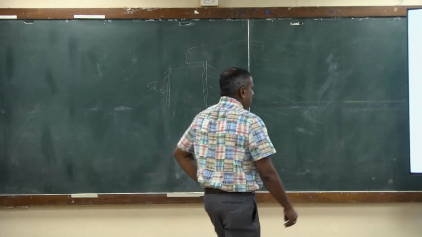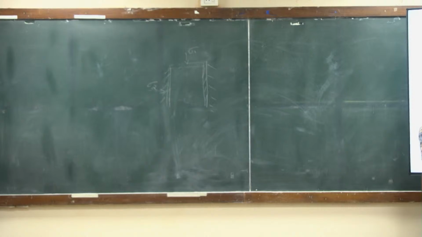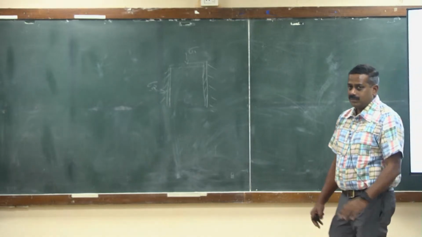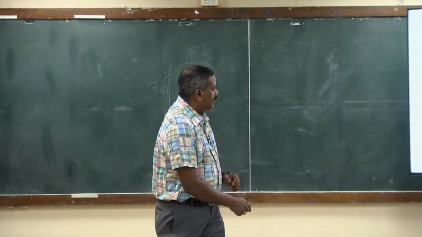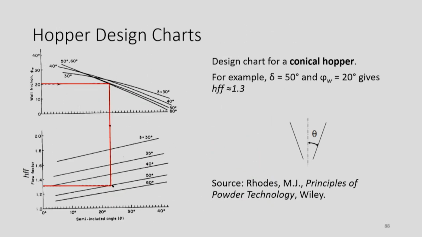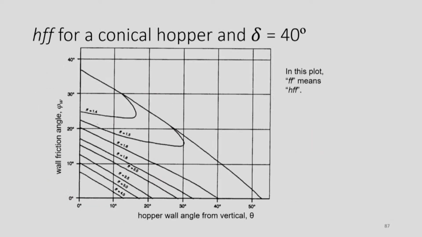So the hopper flow function we can again draw for different angles of internal friction between the powders. We can use this information to get the discharge rates too, or hopper half angles.